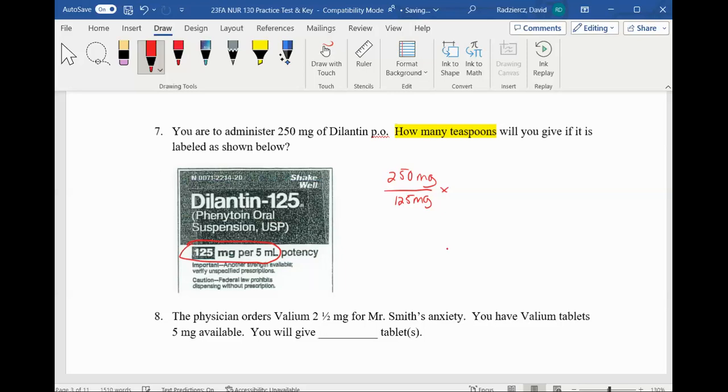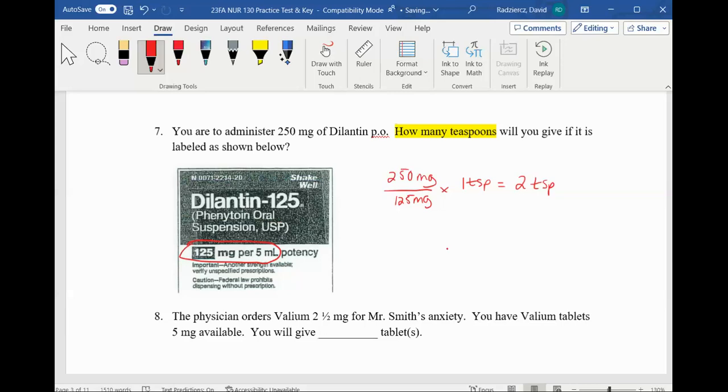The quantity in this example is 5 milliliters, right? So if I was looking for how many milliliters, I'd multiply this number by 5 milliliters. But what does 5 milliliters also equal? 5 milliliters also equals 1 teaspoon. And so you would get an answer of 2 teaspoons.